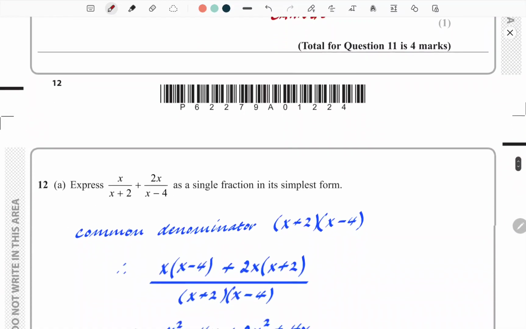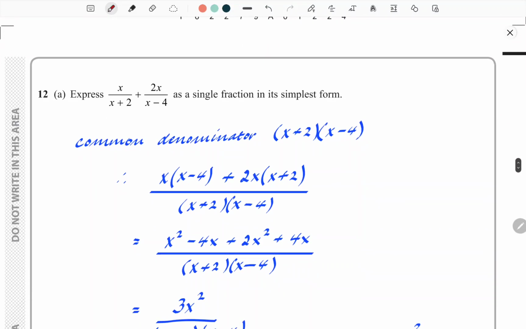All right, so next question, 12. It says express those two algebraic fractions as a single fraction in its simplest form. So same as when you do any form of fractions and you're adding or subtracting, whatever the case may be, you have to find the common denominator.